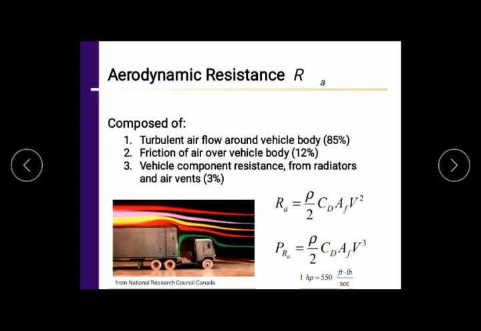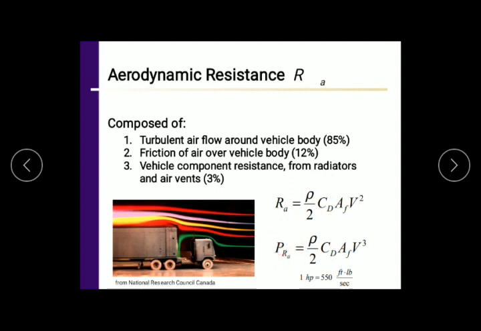Then the power required to overcome the aerodynamic resistance is this aerodynamic resistance into V, that is force into velocity. Just multiply this by V and you will get the power required to overcome the aerodynamic resistance, PRA.